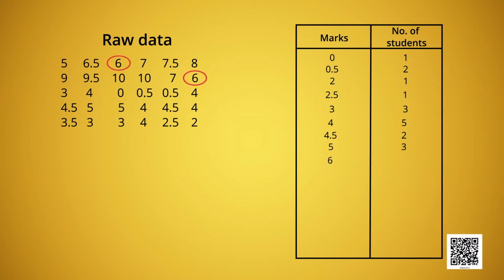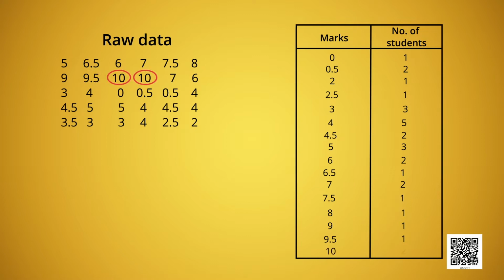Then 6. 2 students have scored 6 marks. 6.5. 1 student has scored 6.5. 7. 2 students have scored 7 marks. 7.5. 1 student has scored 7.5. 8 marks. 1 student has scored 8 marks. 9. 1 student has scored 9 marks. 9.5. 1 student has scored 9.5.